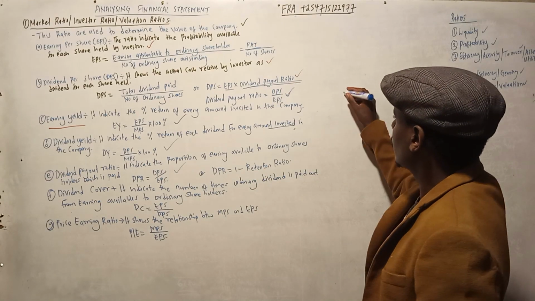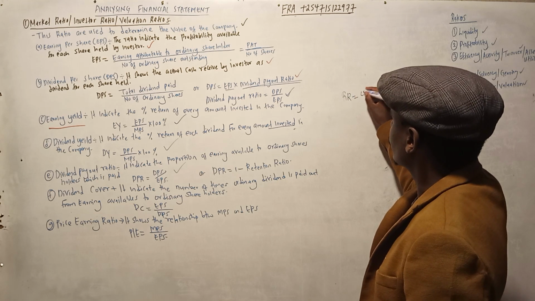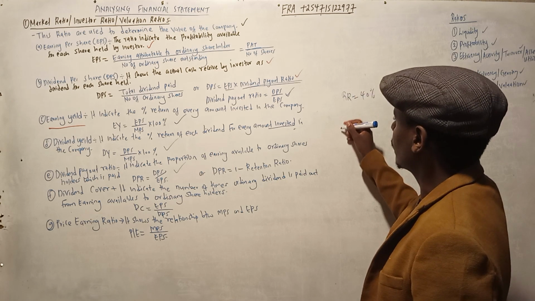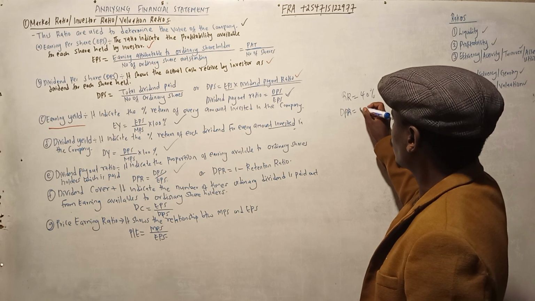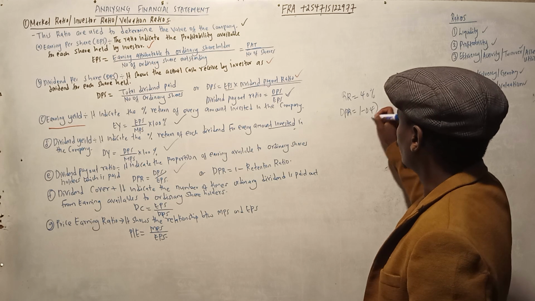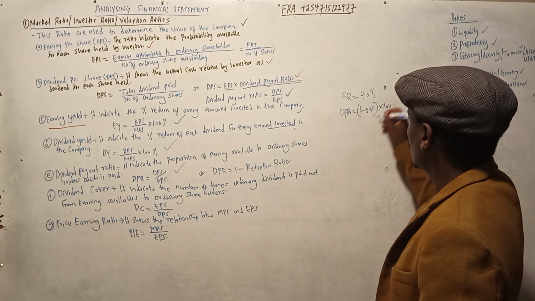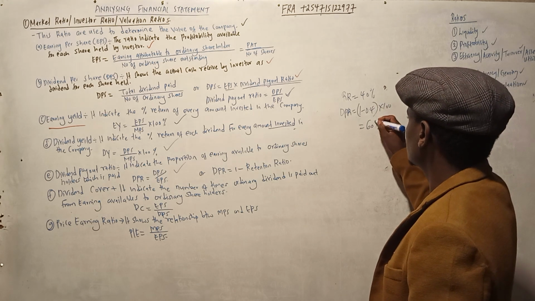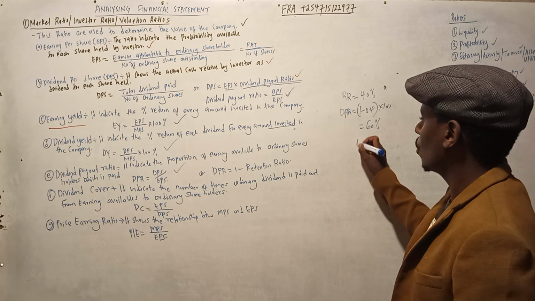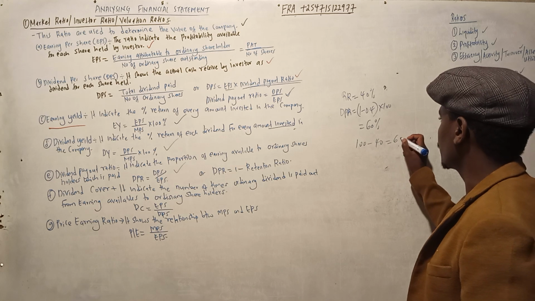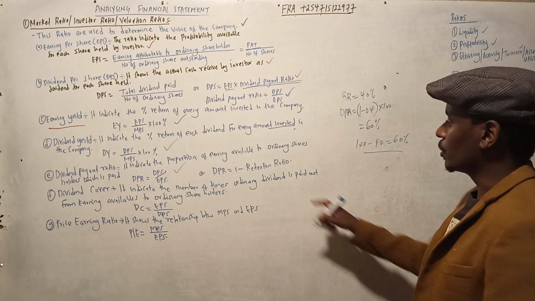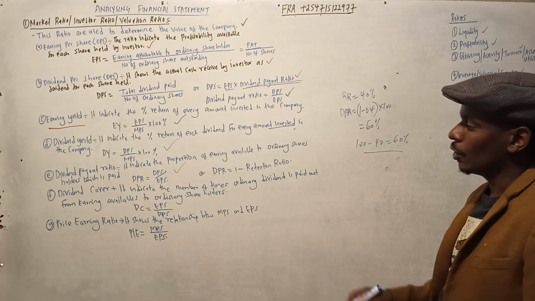If the retention ratio is 40%, then dividend payout ratio will be equal to 1 minus 0.4, times 100, which is 60%. Or you just say 100 minus 40%, which is 60%.